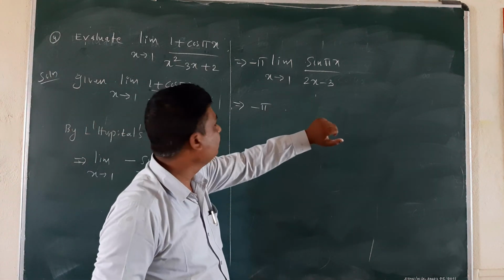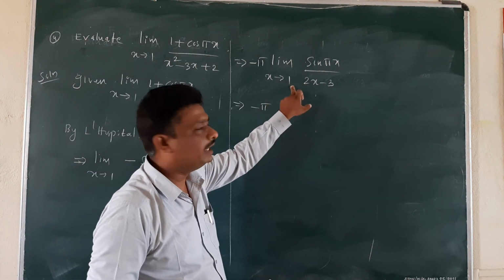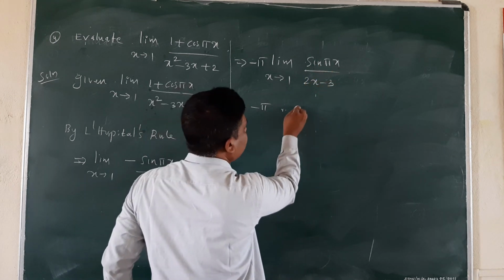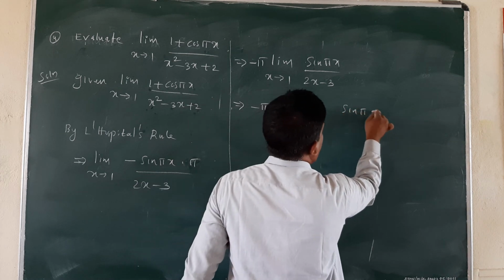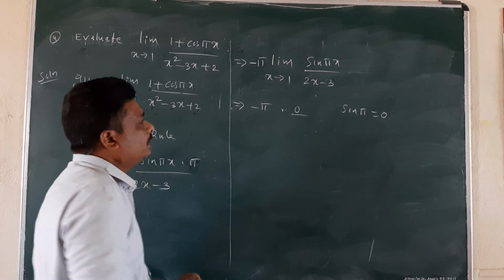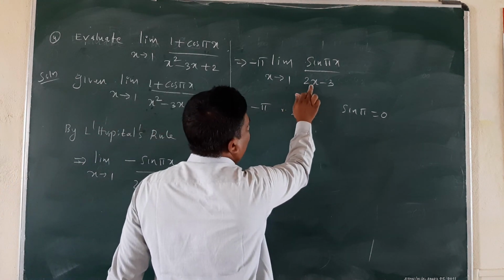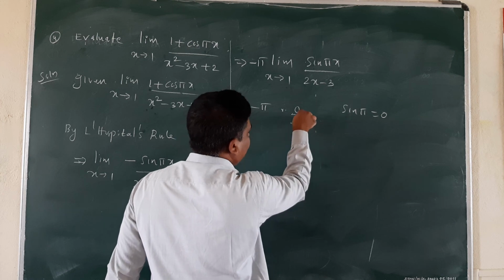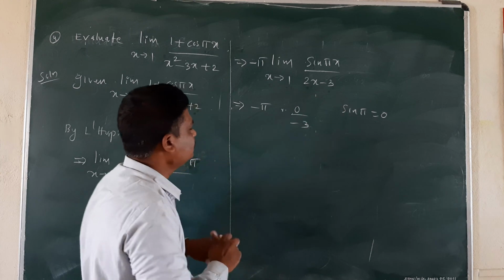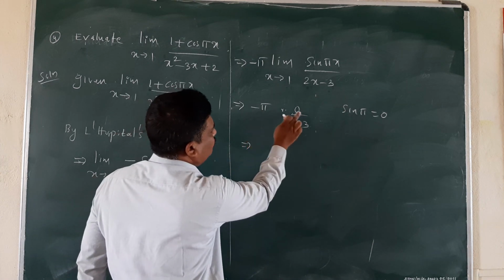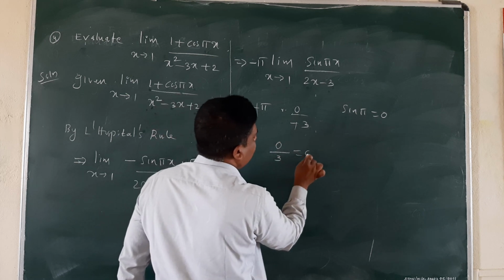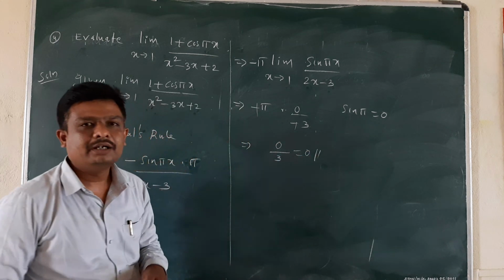Now I will put the limit as x tends to 1. So remaining is sin pi, and the value of sin pi is 0. In the denominator, 2 into 1 is 2, 2 minus 3 is minus 3. So minus pi into 0 over minus 3, which is 0 upon 3, equal to 0. So this is our required answer.